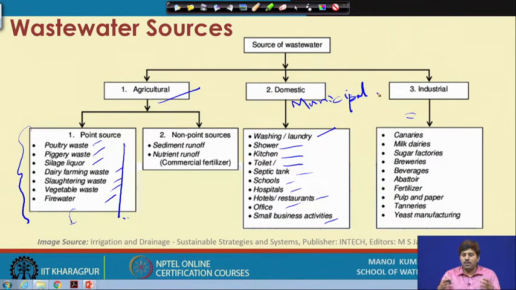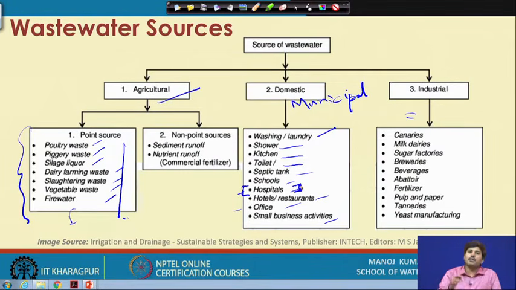The municipal wastewater considers all the activity which generally takes place in a municipal territory. So, there would of course be small business activities, shops, restaurants, hotels, tea shops, all those things. There will be a few offices, there will be hospitals, although a hospital is a different type of setup. Hospital waste generally is not recommended to be considered as simple municipal waste because of its specific nature, as it contains lots of toxicants.